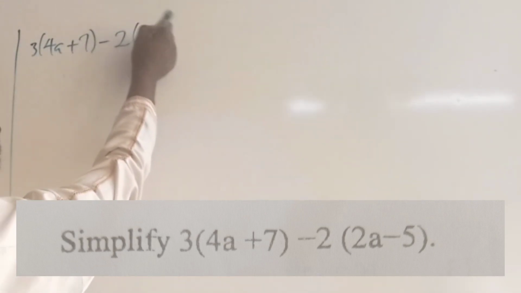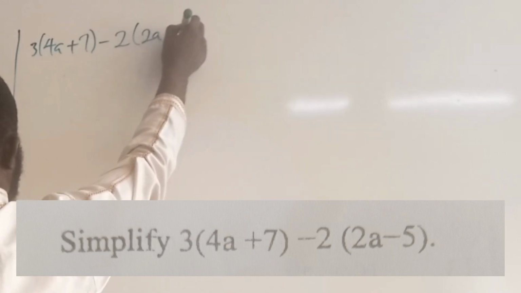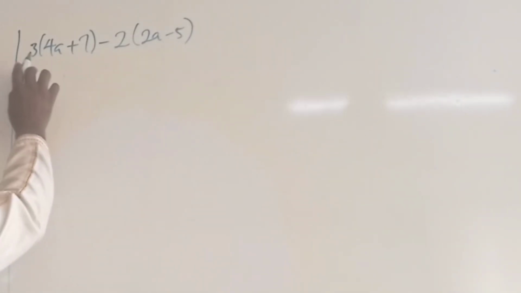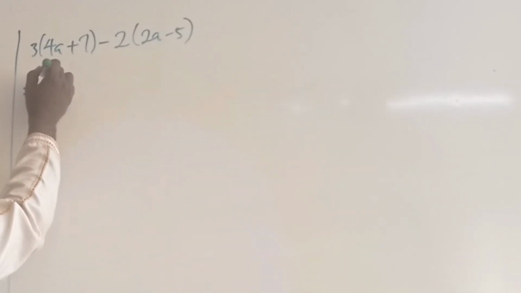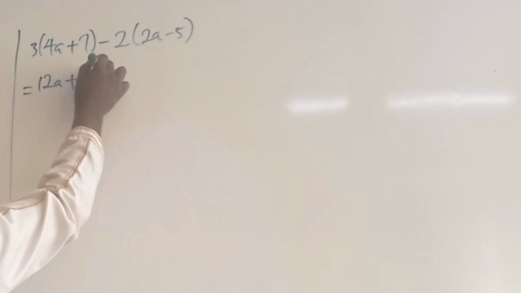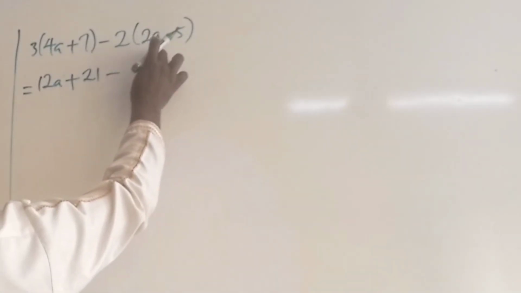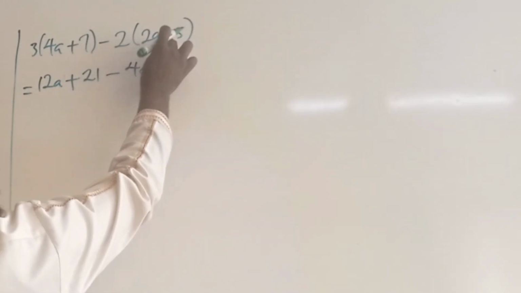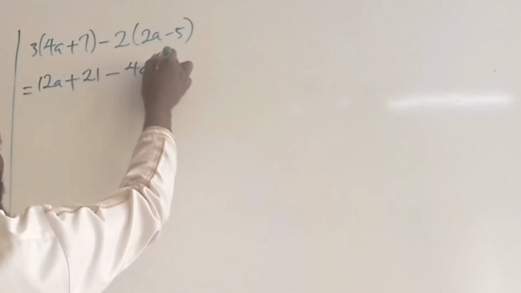3 into bracket 4a plus 7, minus 2 into 2a minus 5. So we open the bracket, then we simplify. Am I with you? So that means 3 times 4a, 12a, plus 3 times 7, 21, minus 2 times 2a, 4a, minus 2 times minus 5, plus 10.